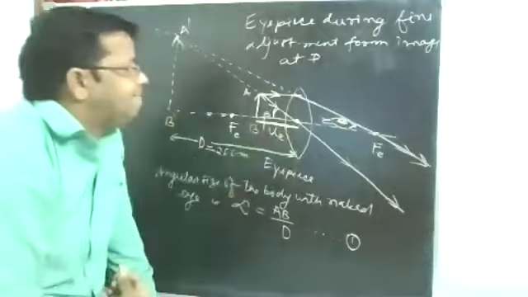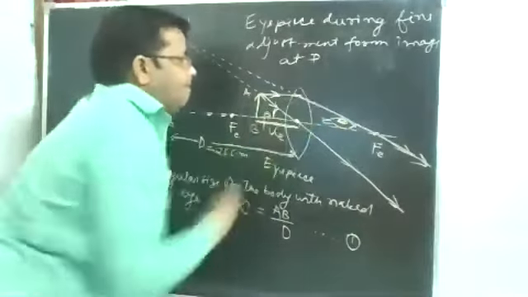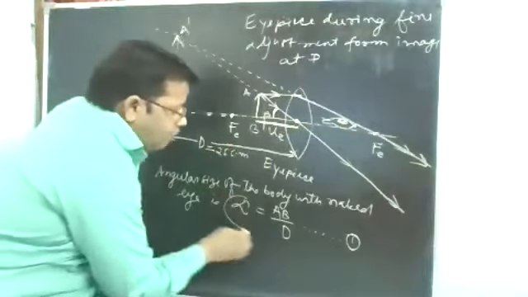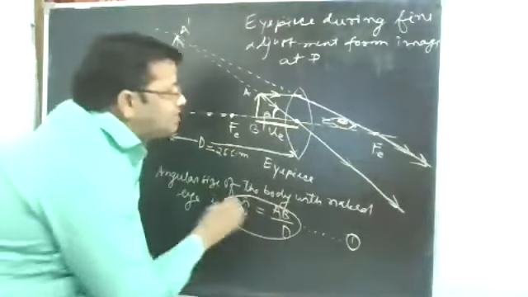For this lens, this is angle beta, and what is the angle of vision with the naked eye? It was alpha.